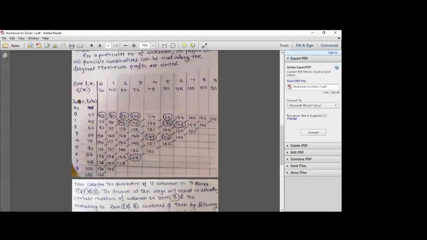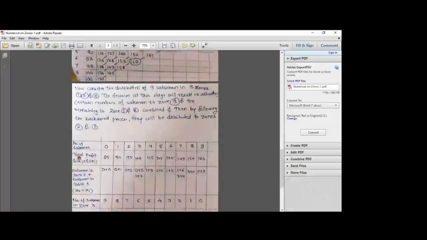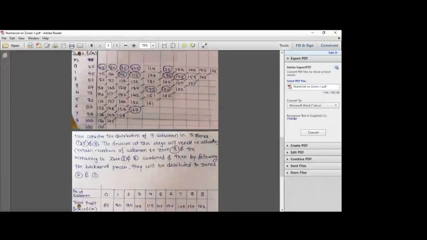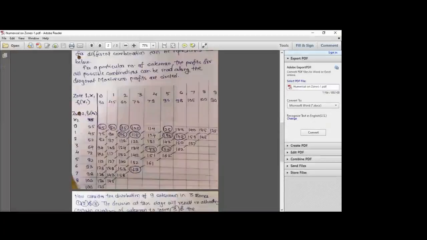For 95 it is 0 plus 2. So 95 here I have written as 0 plus 2, right? For 105 that we have circled, it is 0 plus 3, and again this is also 105 across the same diagonal, if you see.